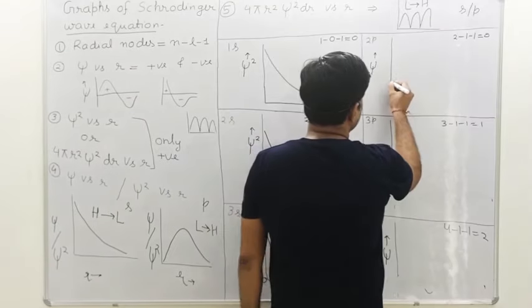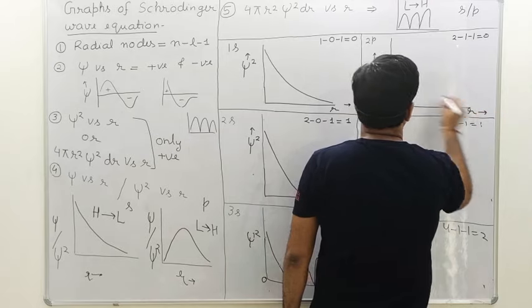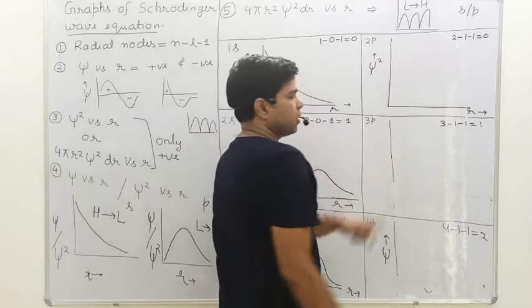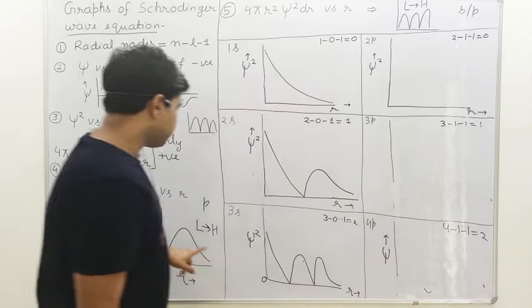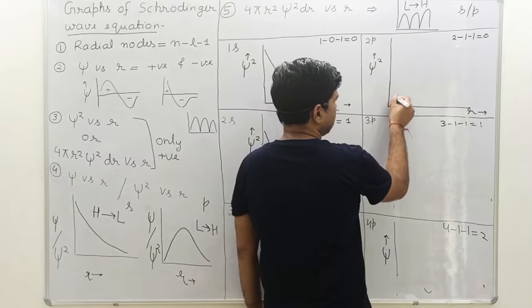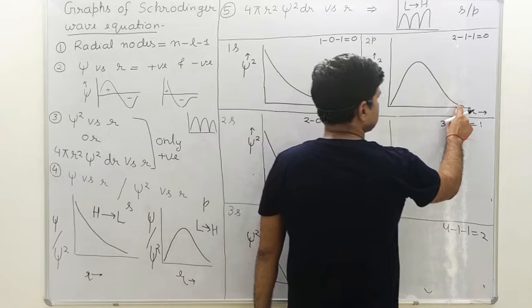Now you see student, for the 2p, radial node is 0. We cannot touch this graph to the psi is equal to 0, and graph of p, it should start from the lower to higher. So you should start this graph from the lower to higher, but you cannot make it 0 again.